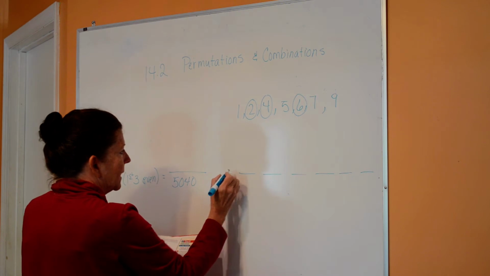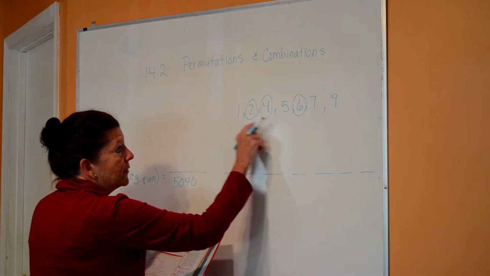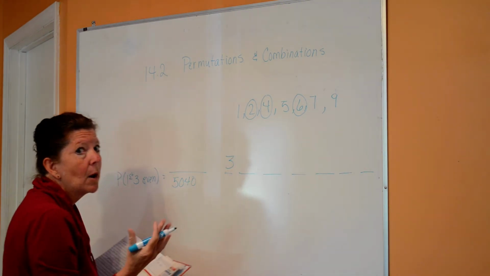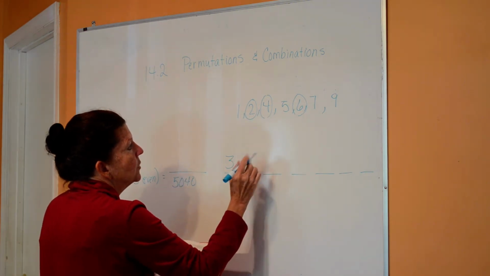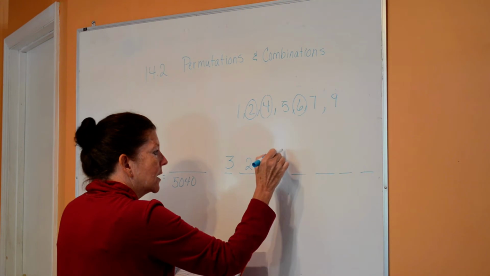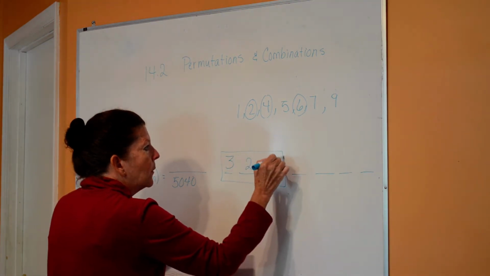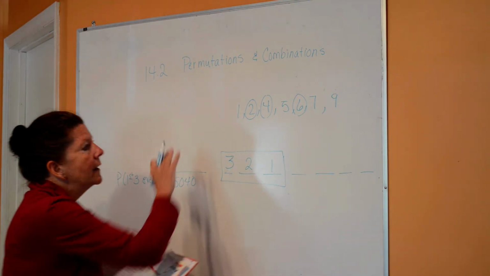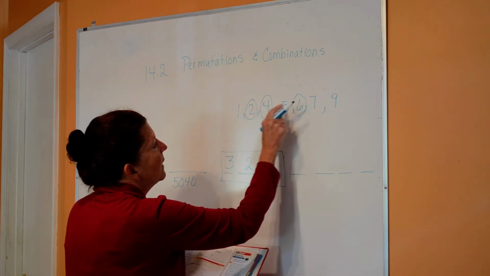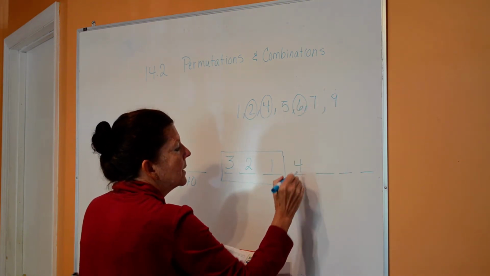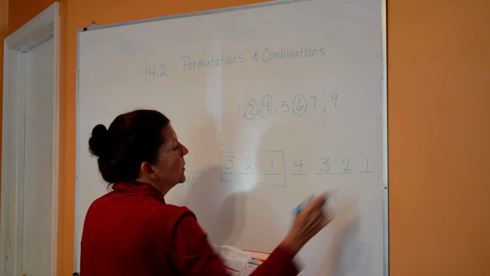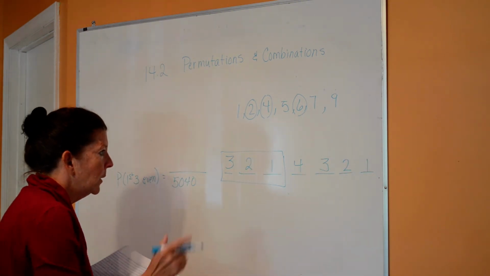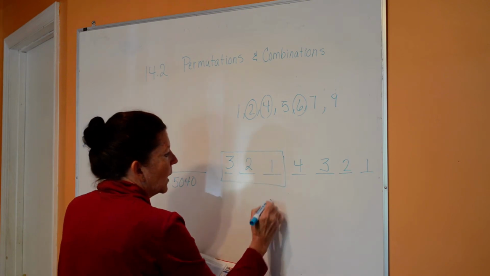I need one more space. So I have 3 choices for the first, because remember I want them even, 2 for the second, and 1 for the third, because these 3 I want to be even numbers. Now I've used all the evens, so then I have 4 possibilities for the 4th thing, then 3, then 2, then 1. So when I do that, that's going to be 6 right here.